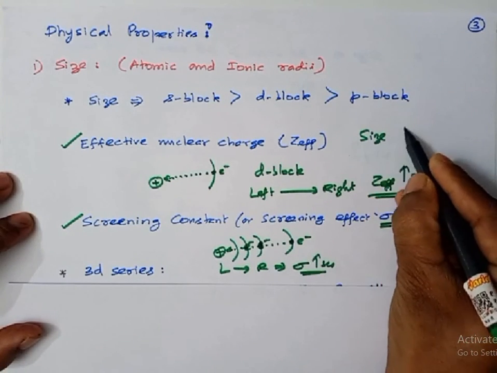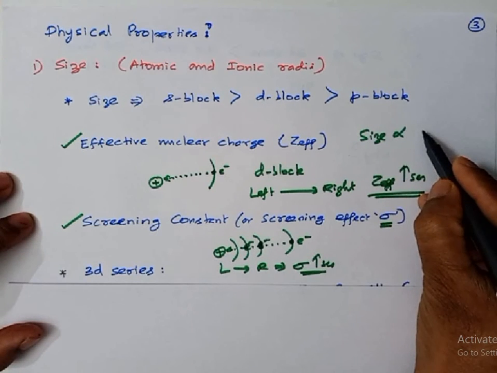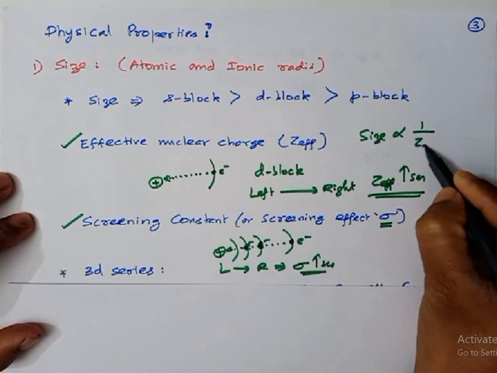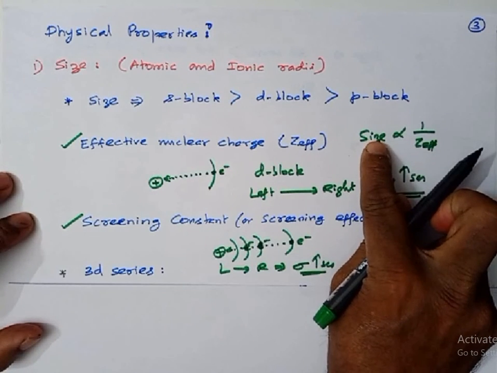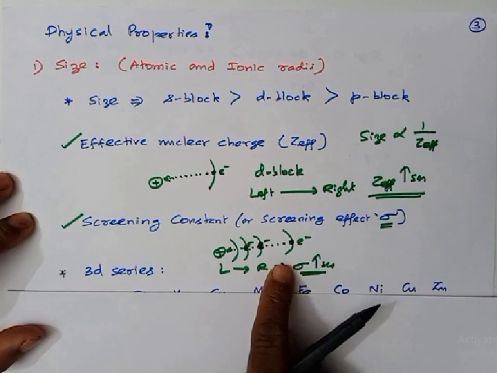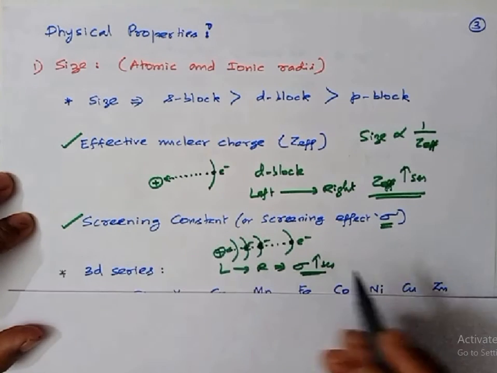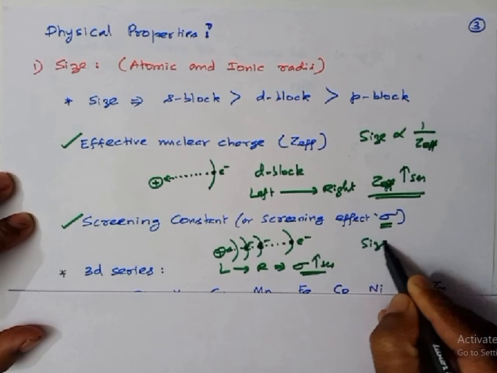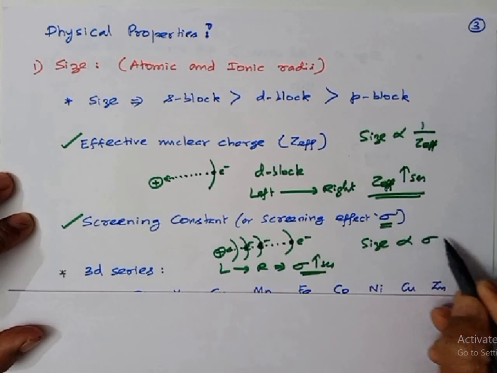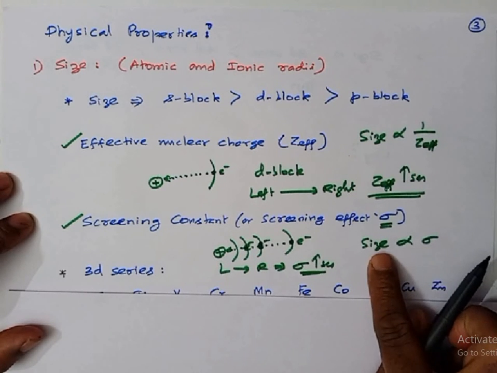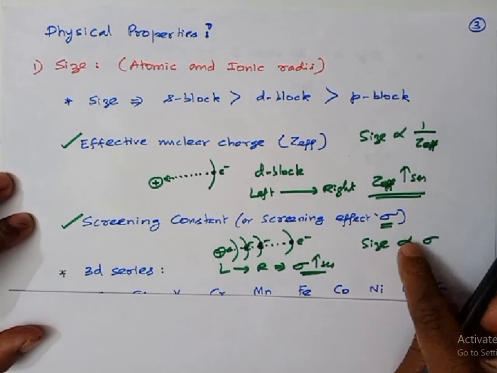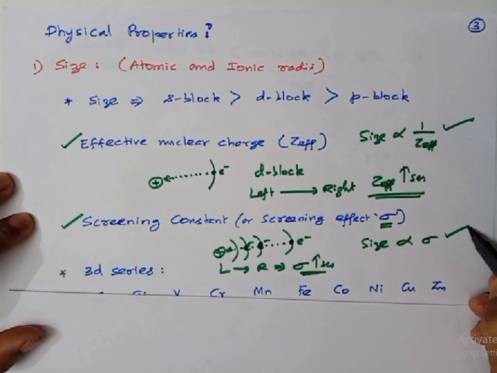Size is inversely proportional to effective nuclear charge: if effective nuclear charge increases, size will decrease. Whereas size is directly proportional to screening effect: if screening effect increases, size increases. Both these are very important points. Keep this in mind.